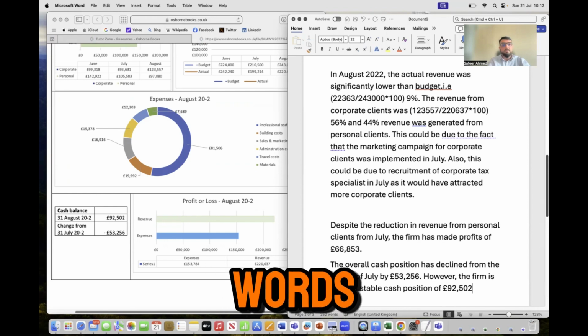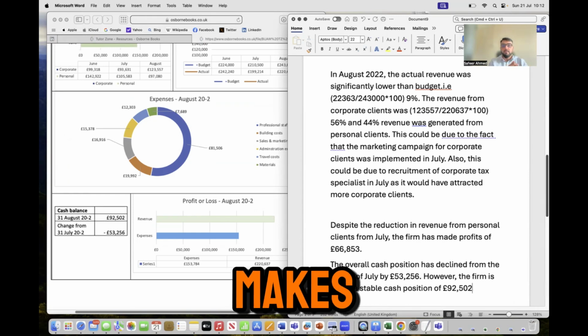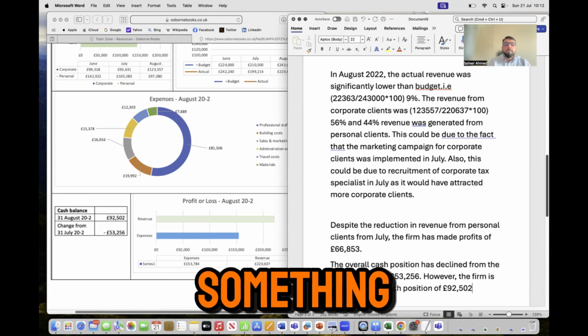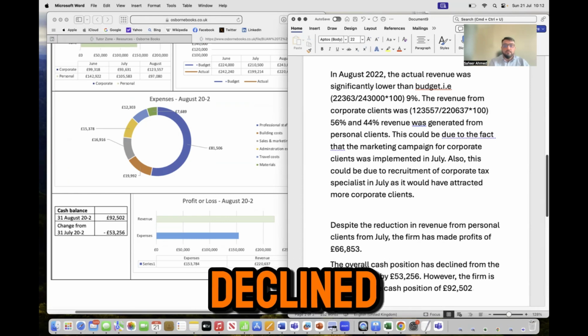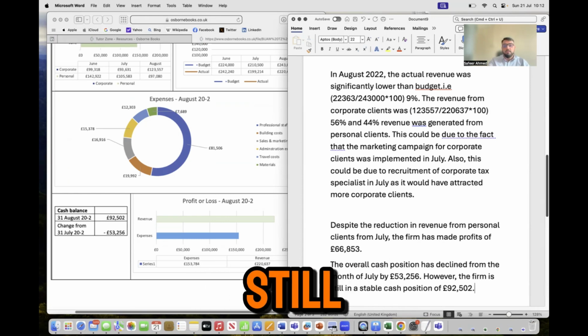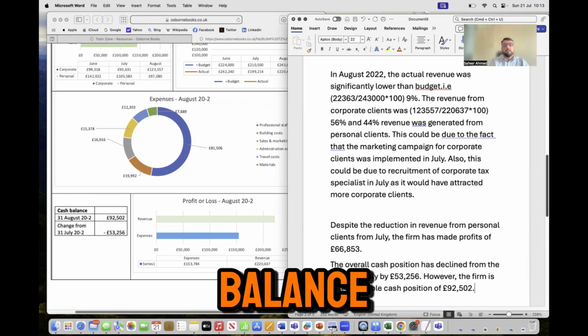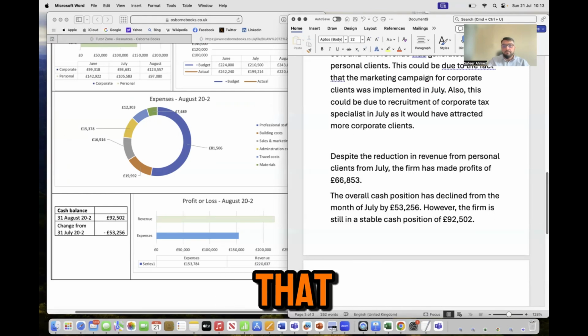So in other words, in the month of July, it was 92,502 plus 53,256, so which makes it about 140 something. But in the month of August, you can clearly see that that has declined. Having said that, still is quite huge amount, positive cash balance. So still not too bad. So we should not be worried too much about that.